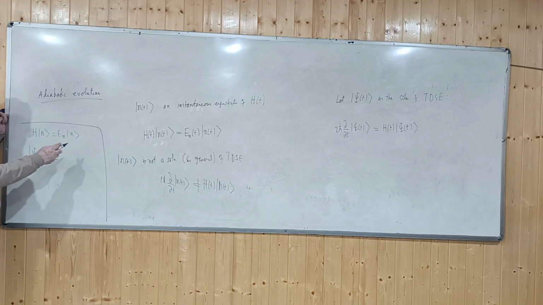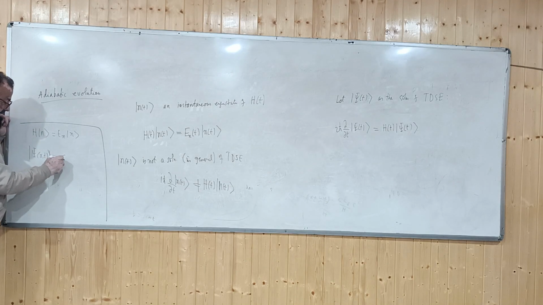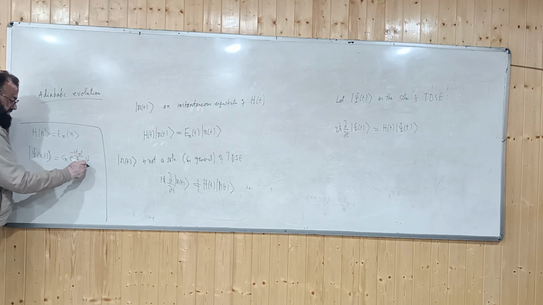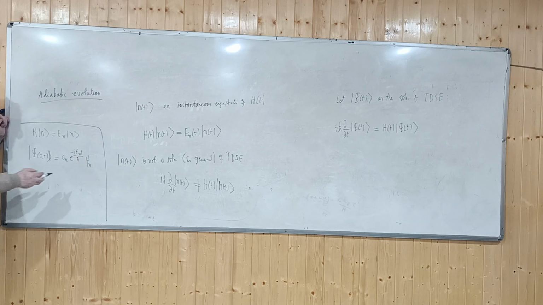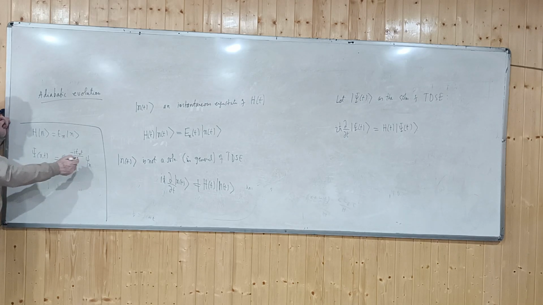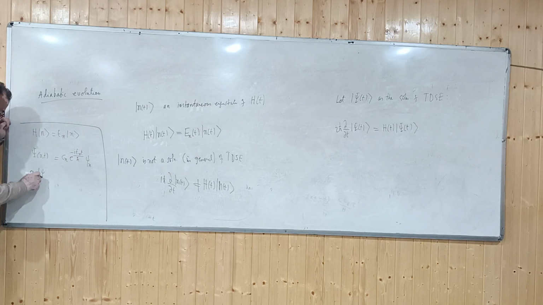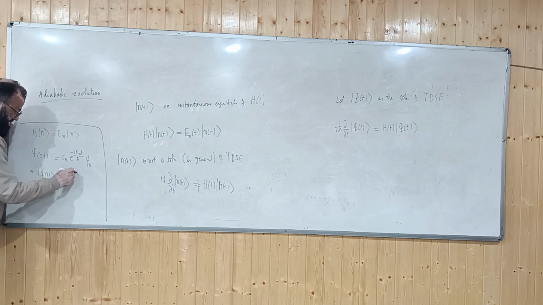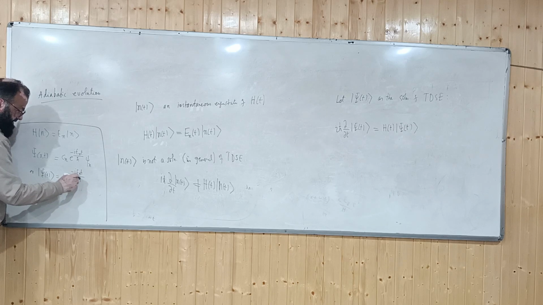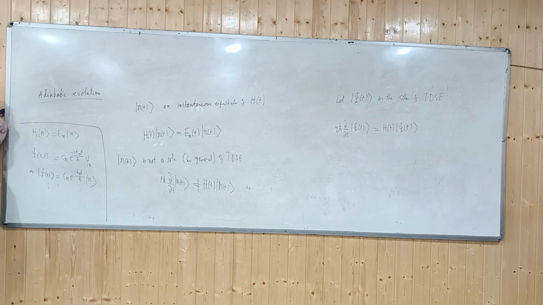One of the solutions will be C_n e^(−iE_n t/ħ) ψ_n, where ψ_n is the eigenstate. So you can simply write ψ(t) as the sum of C_n e^(−iE_n t/ħ)|n⟩. Clear? Got it? In this notation.